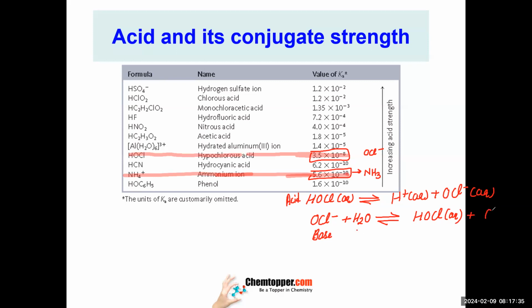Water will become OH minus. That's why it is a base. It's giving you OH minus in water. Right? So here OCl minus is the base. And what is water here, children? What is water? Acid. What is HOCl? Conjugate acid. What is OH minus? Conjugate base.